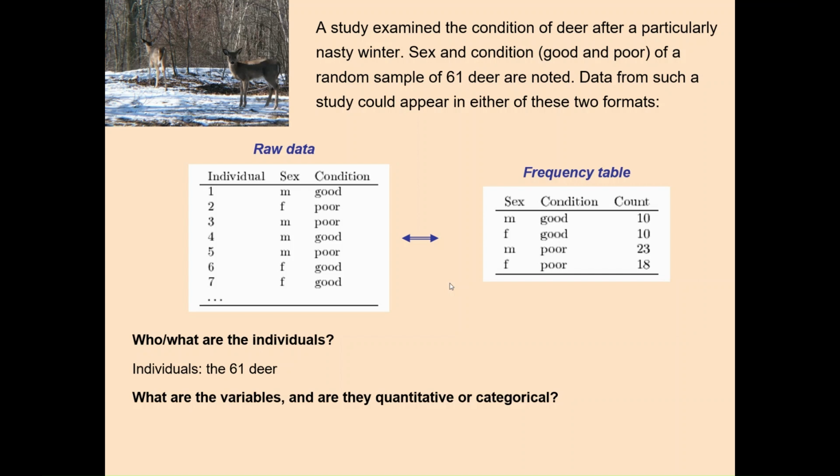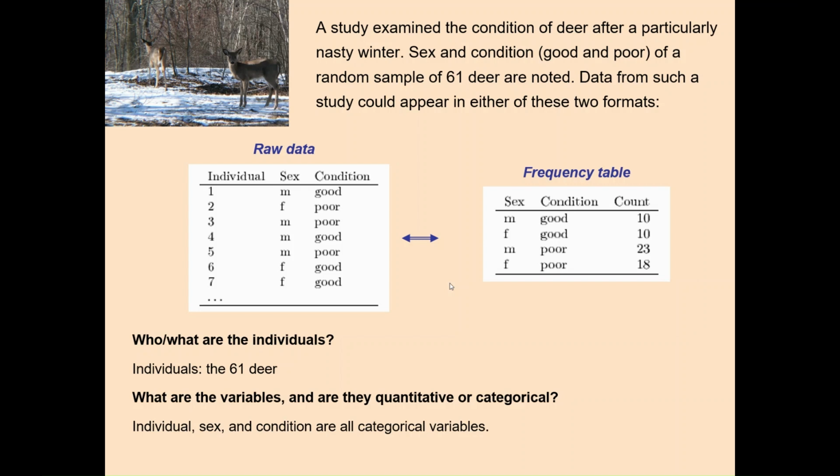A variable is supposed to be something that is going to be used to describe an individual deer. Versus the count is a summary of many of the deer. In fact, we call it a summary statistic.